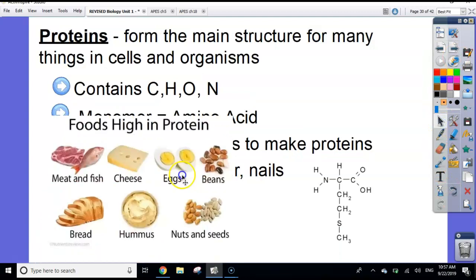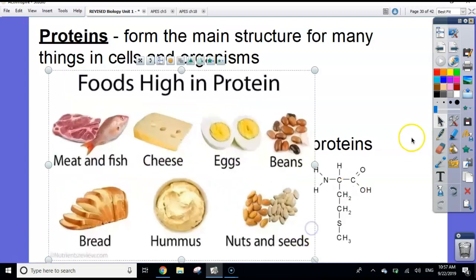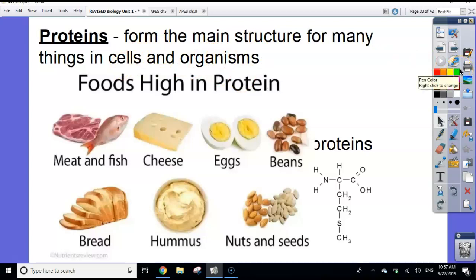All right, proteins. I'm going to cover this up. Write this down. Proteins form the structure for many things in cells and organisms. Your muscles, you need protein in order to make muscle.